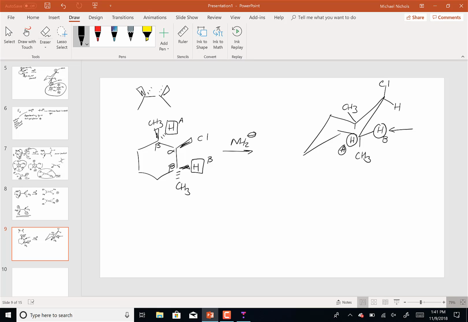True statement. Why? Again, what's my key phrase? Anti-periplanar. So what does the hydrogen have to be relative to the chlorine?